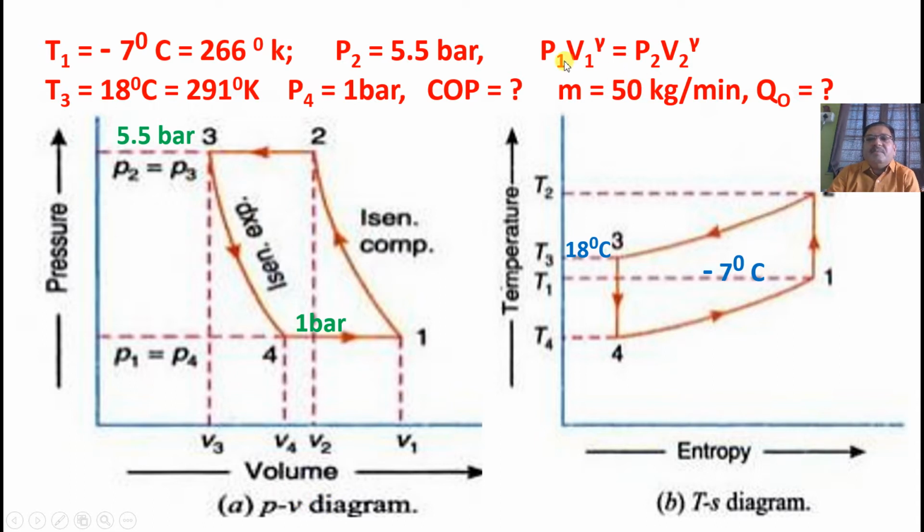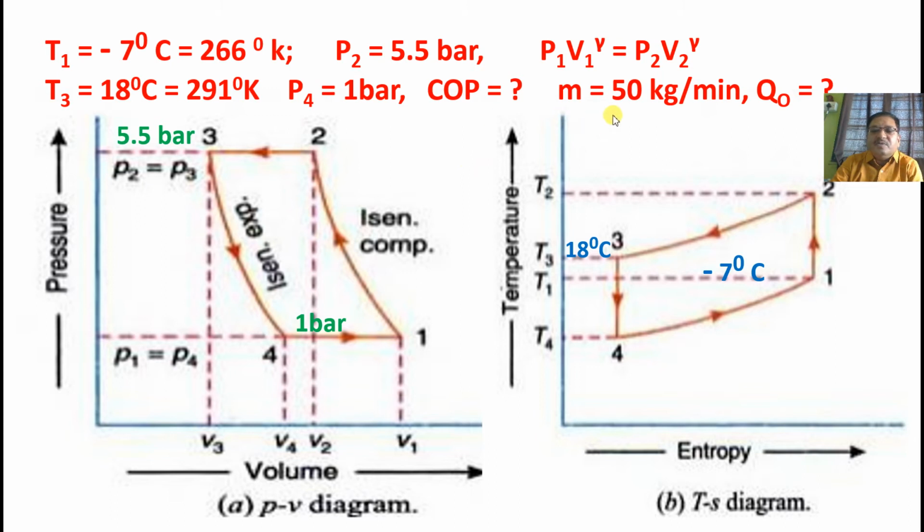This compression process follows the law P1 V1 raised to gamma is equal to P2 V2 raised to gamma. The temperature T3 is 18 degree centigrade, that is 291 Kelvin, shown here. Then the pressure P4 is 1 bar, that is also shown here.